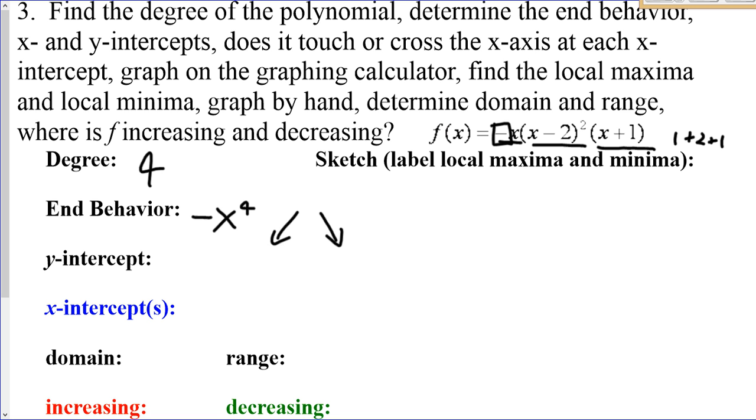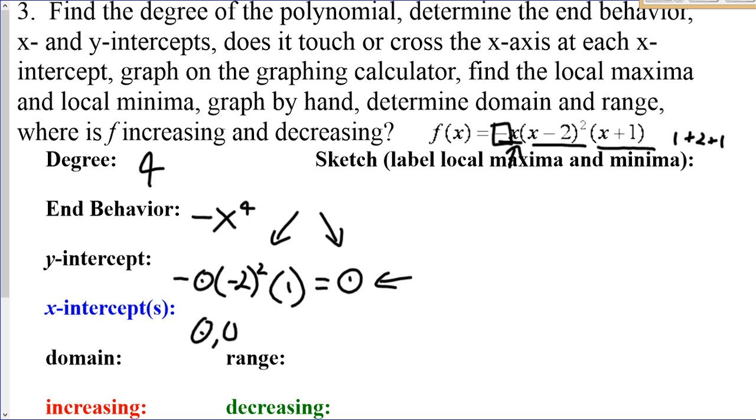My y-intercept is what I get if I let x be equal to 0. Well, I'm going to get -0 times -2 squared times 1. That's going to be equal to 0. So my y-intercept is 0. My x-intercepts: from this one, I get an x-intercept of 0, 0.